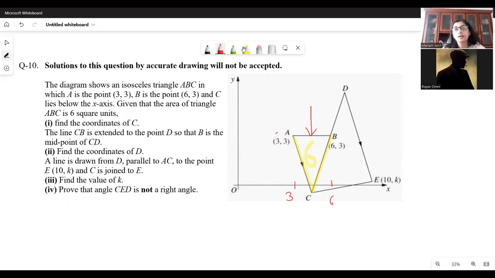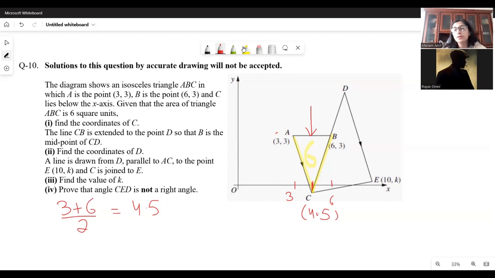So what's going to be exactly in the middle of 3 and 6? So it's going to be 1.5, so 4.5, sorry. 9 divided by 2, 4.5. So the x value here is 4.5. We got that by averaging 3 and 6, or finding the mid value of 3 and 6.